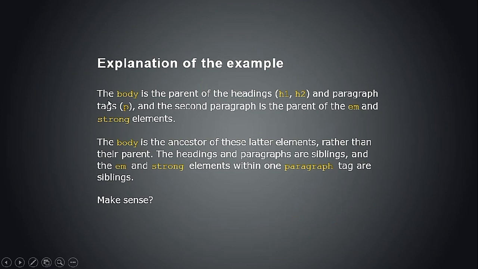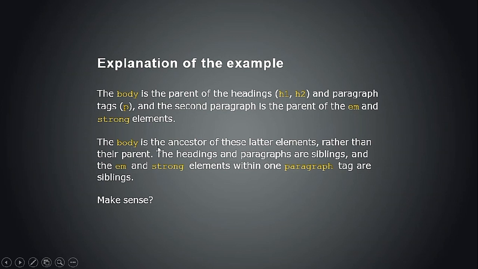Explanation. The body is the parent of the H1 tag, the H2 tag, and the paragraph tags P and the second paragraph. Now the second paragraph is the parent of the EM and strong, which means the last paragraph consists of two children, which is the nested structure of HTML.